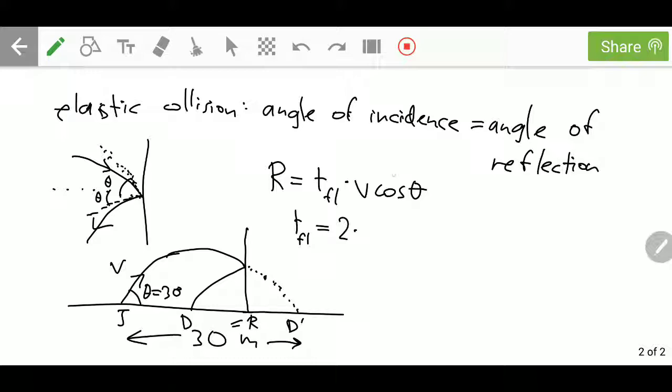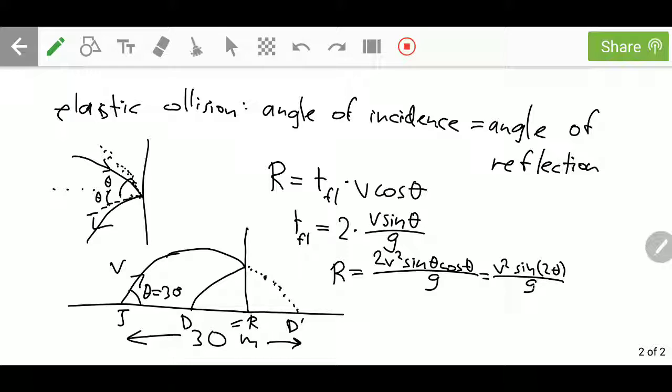Now the vertical velocity initially is v sine theta, and the downward acceleration is g, so the time it takes to reach 0 vertical velocity is v sine theta over g. And so you multiply that by 2, and so you get the time of flight. And so now you have R equals 2 v squared sine theta cosine theta over g, or v squared sine of 2 theta over g.